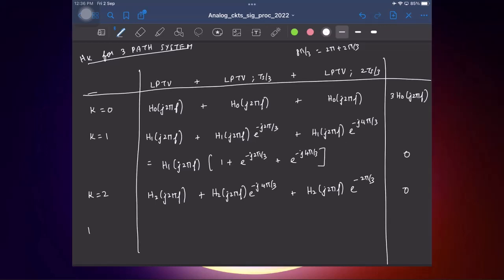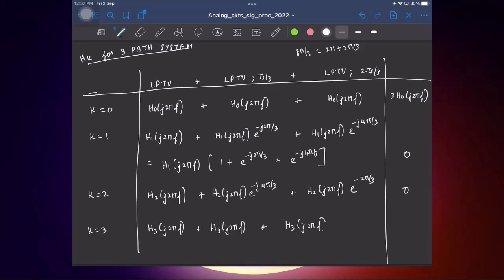Now for k equal to 3, we have h3 of j2 pi f. Here I will have the same, but what will be the delay? 6 pi by 3, that's 1, and here we have 12 pi by 3, again that's 1, so we have the same.